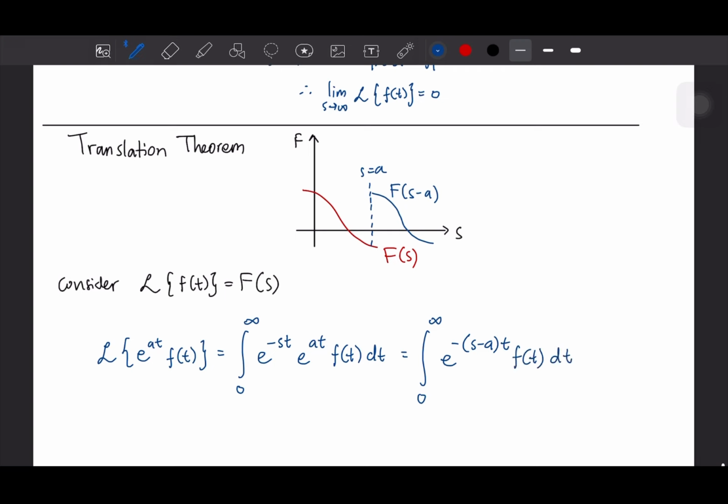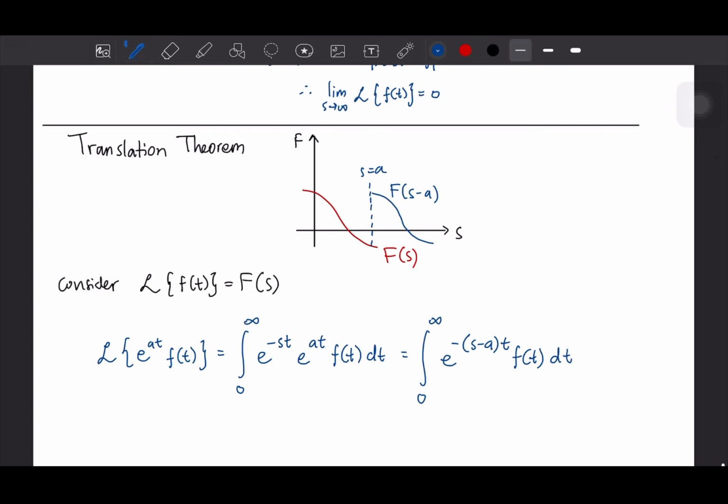So if you remember, our original Laplace transform is just e to the negative st. But now, when we multiply with something with exponent a, we are forcing this F to be translated. Okay?